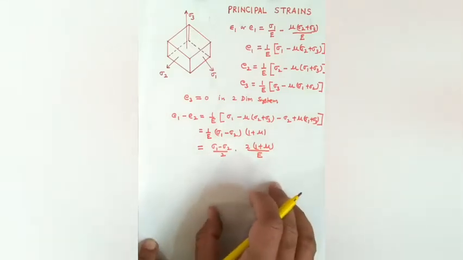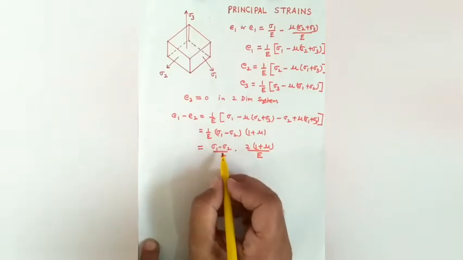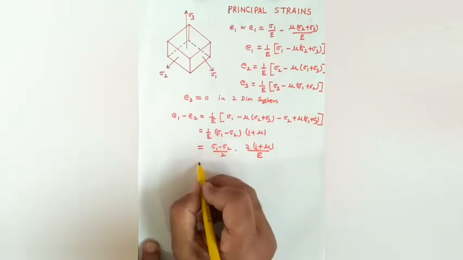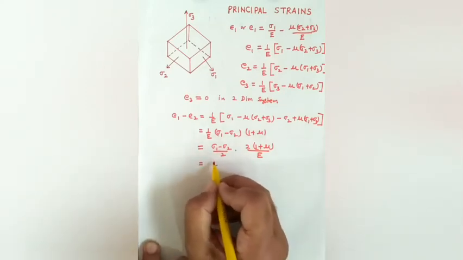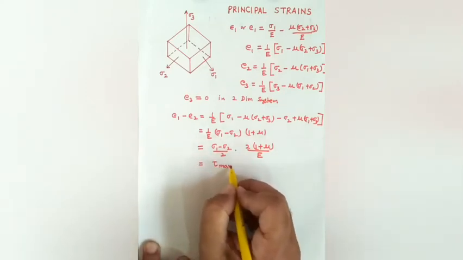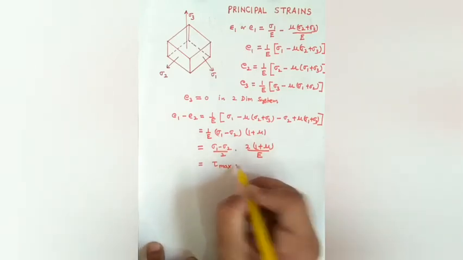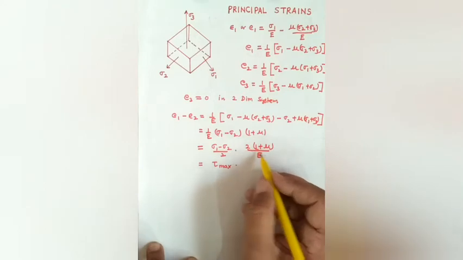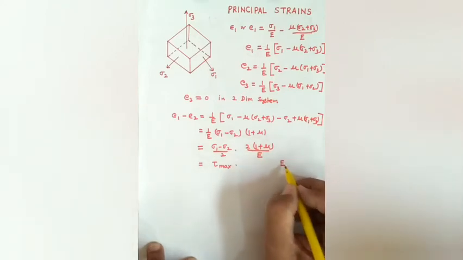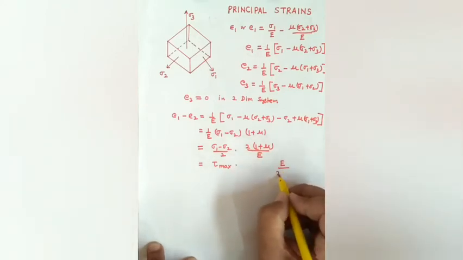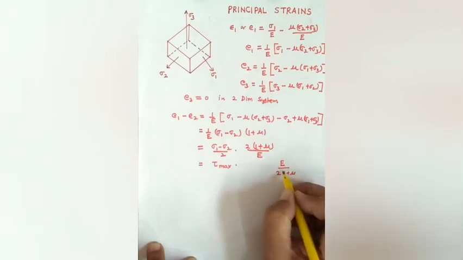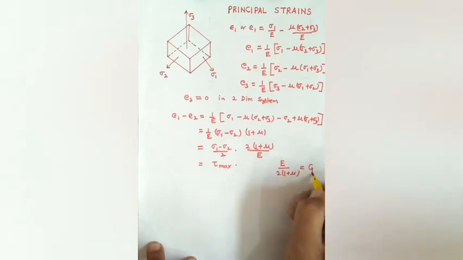From the theory of principal stresses, we know that (sigma 1 minus sigma 2) by 2 is tau max, or the maximum shear stress, and we also know that E by 2(1 plus mu) is equal to G, where G is the shear modulus or modulus of rigidity.